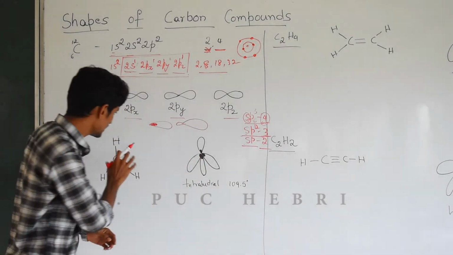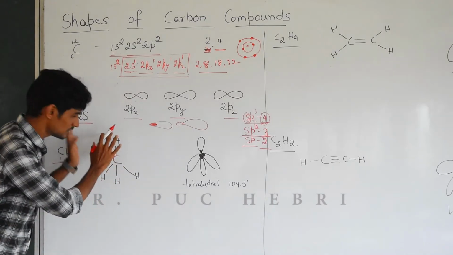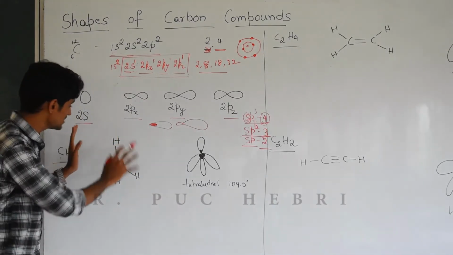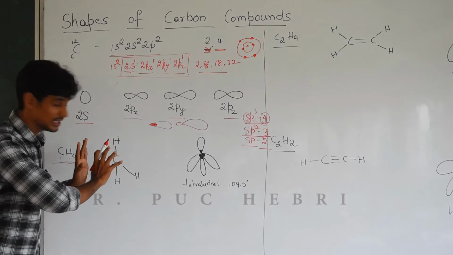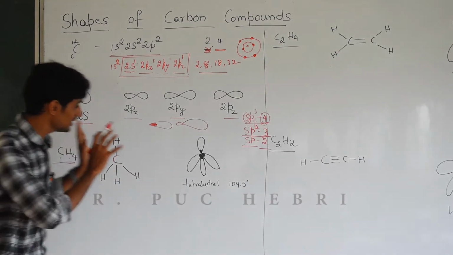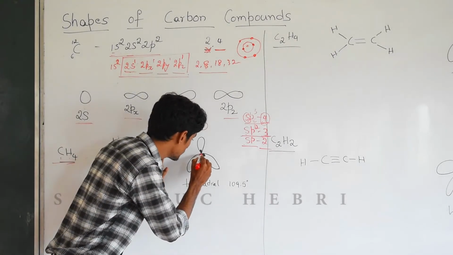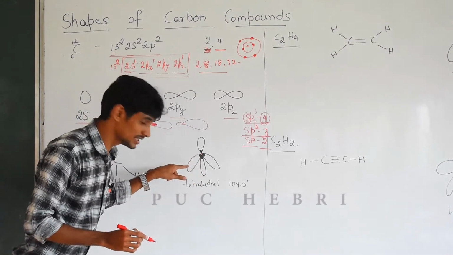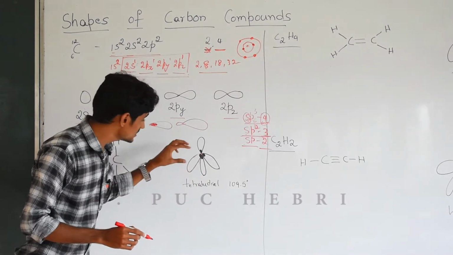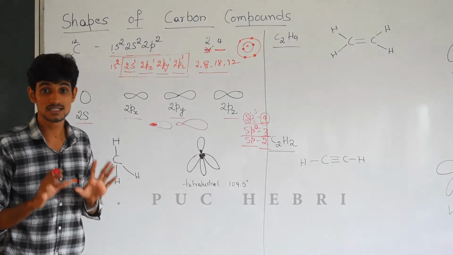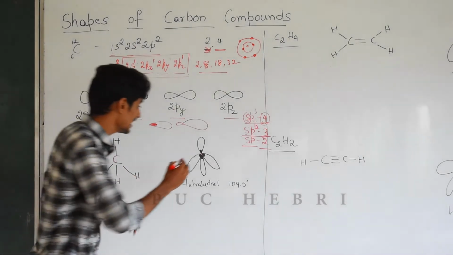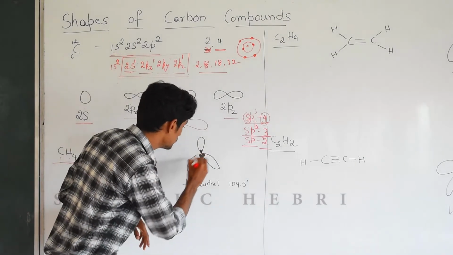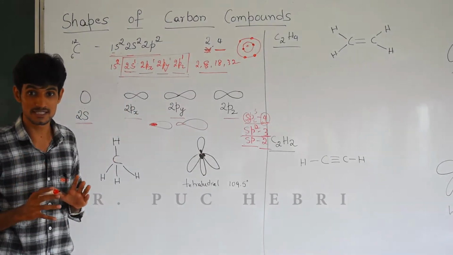Okay, in the carbon, don't imagine the hydrogens now. Leave these hydrogens apart. Only the carbon is at the center, then four orbitals. This is not in a plane, they are in 3D space.